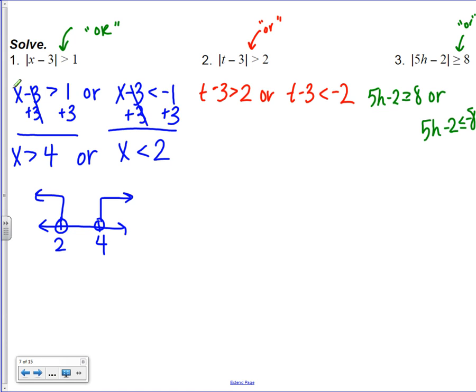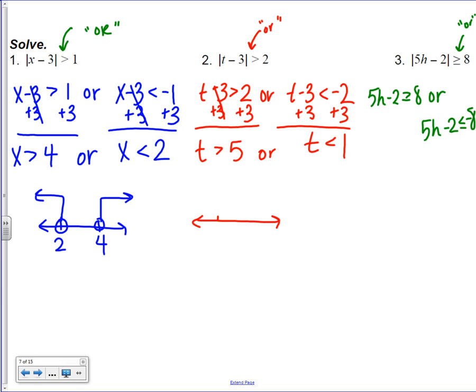All right, let's come to the red one in the middle. Solve for t. Number line. They both get open circles. The 5 is shaded to the right, the 1 is shaded to the left. And the green problem, we've got to solve for h.